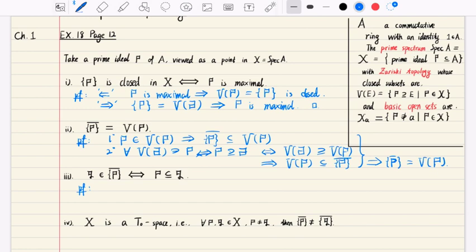Question 3. If you have another point that belongs to this closure, let's see what will happen.